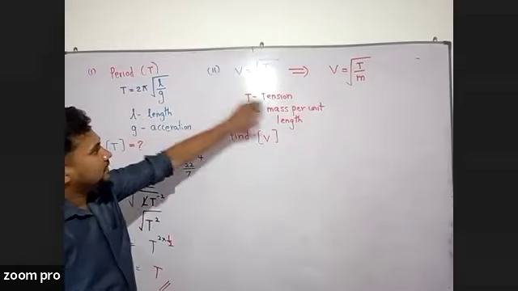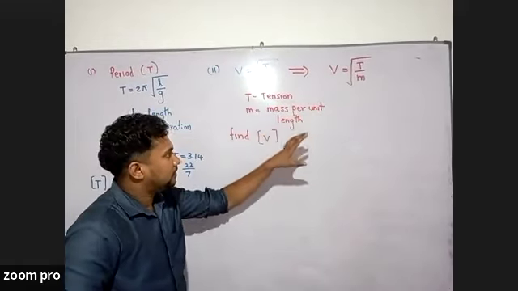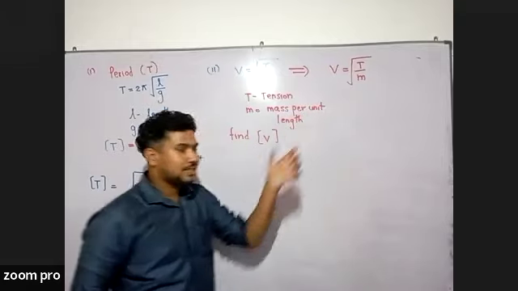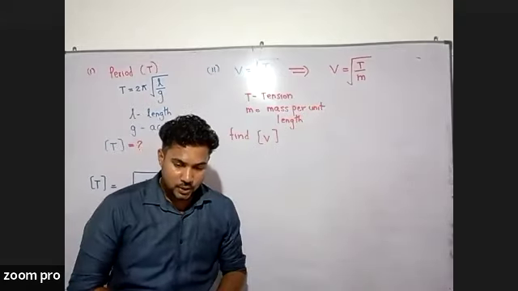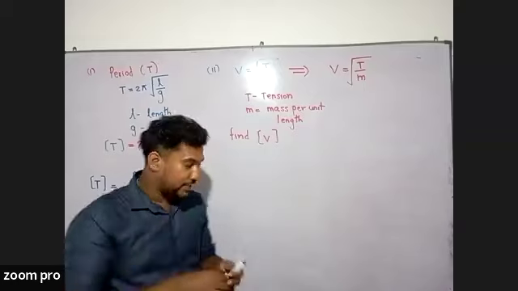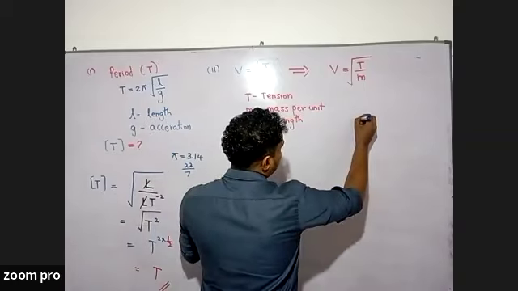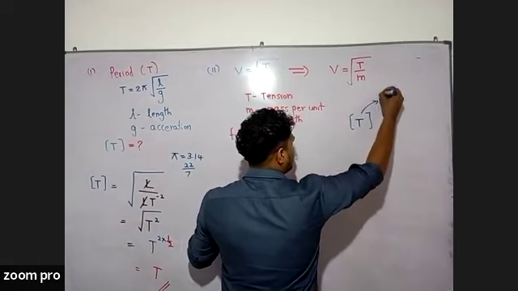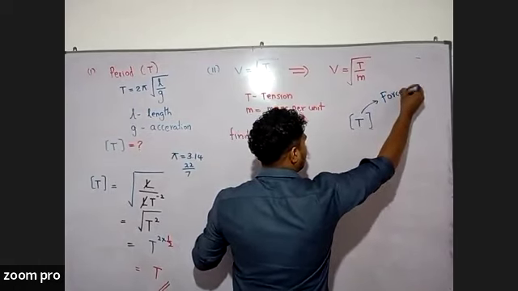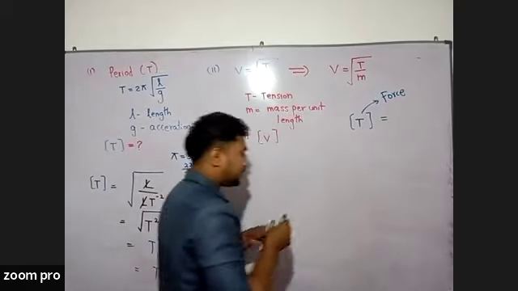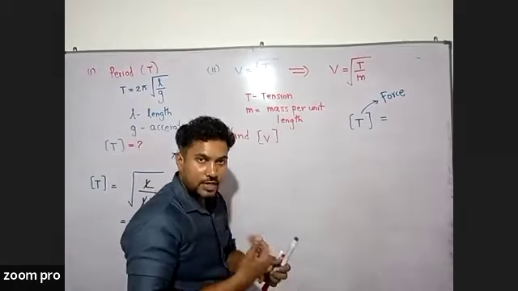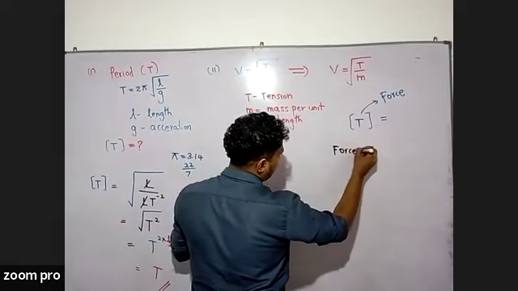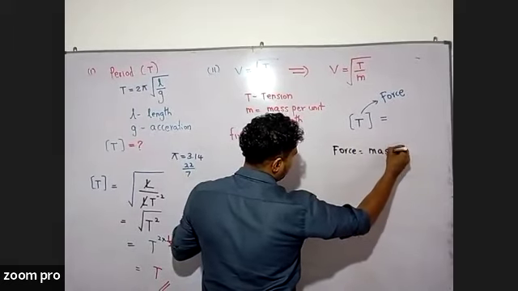In this instance, T represents the tension. You should know that tension is a kind of force. So in order to obtain the dimensions of tension, you have to think about the dimensions of force. Then you might remember the relevant equation for force: force means mass into acceleration.